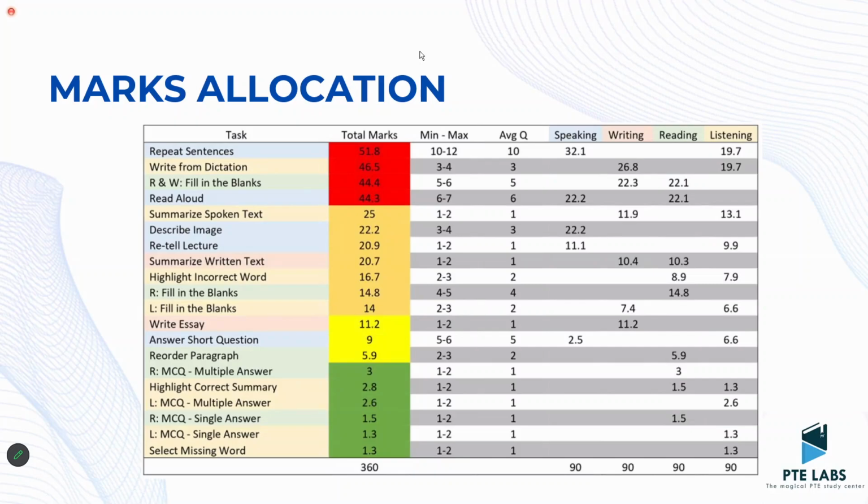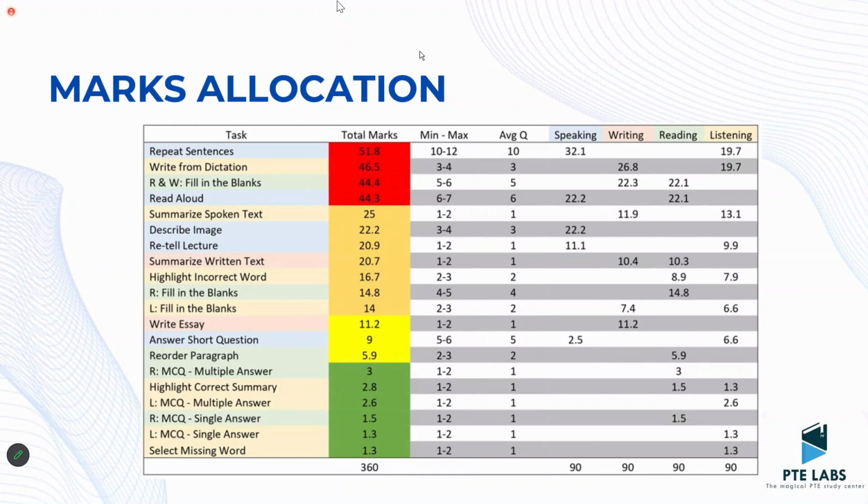Before we check the reading components, you can see the grid is divided into 4 colors: red zone, orange zone, yellow zone, and the green zone. If you look closely and carefully, you will realize why they have been colored. In the red zone, you have the components with the highest marks in the whole PT test. In the orange zone, you have the second highest marks.